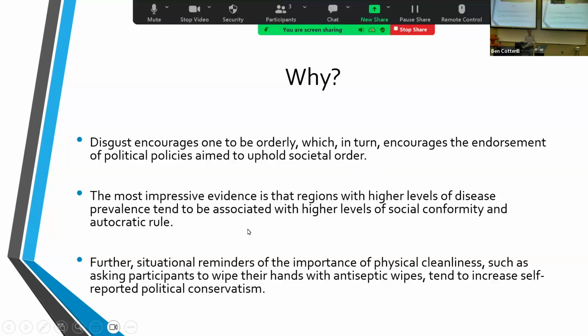On the other end of this, just to hammer home that there is a connection between disgust and conservatism, when we give people reminders over personal cleanliness, such as telling them to wipe their hands before coming into the research lab, that actually increases, on average, their self-reported conservatism scores.